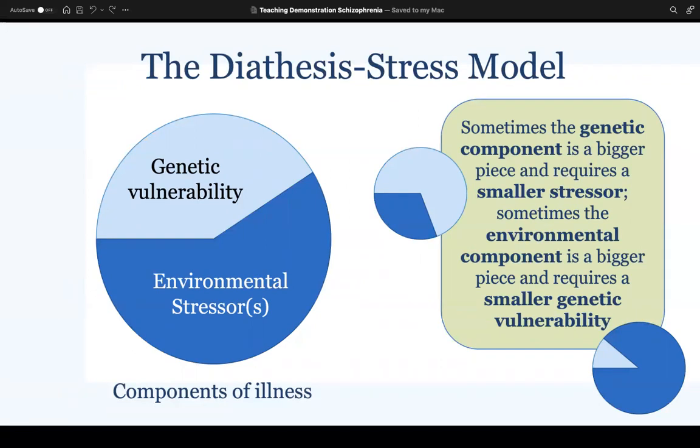So, it all is going to end up with illness, right? If you fill up that circle, you're going to end up with illness, right? But if you don't have a lot of genetic vulnerability, or you don't have a lot of environmental stressors, you're not going to fill up the whole circle, and then you're not going to be ill, right? Okay.